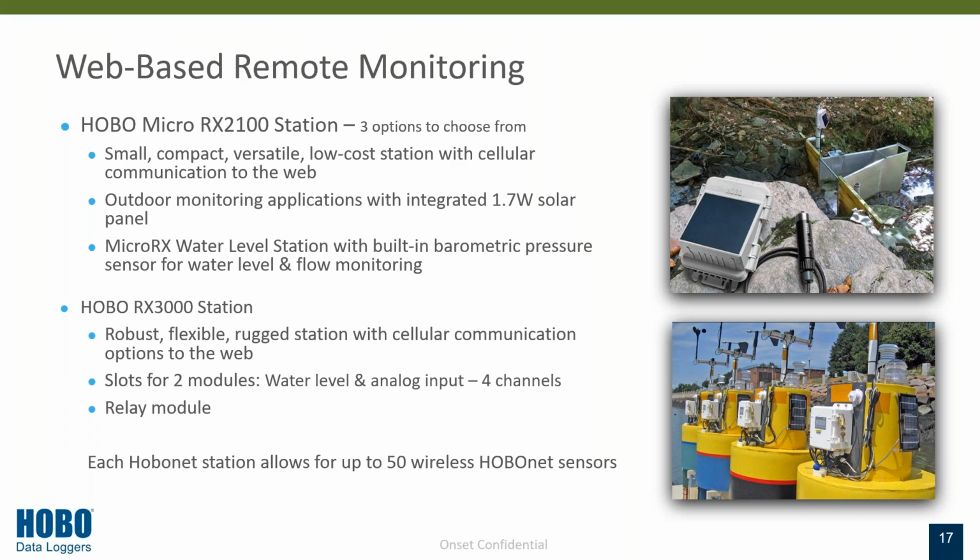You also have the option to add in 2 additional modules. So think of maybe your water level monitoring and then your HOBOnet manager to add in your HOBOnet wireless sensors. Each of our HOBOnet stations allow you to connect up to 50 wireless HOBOnet sensors. We'll go ahead and touch base on that in another slide.